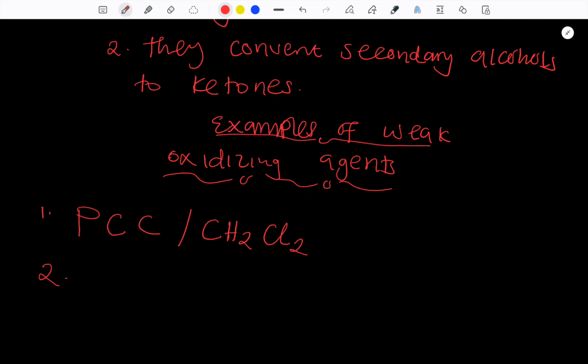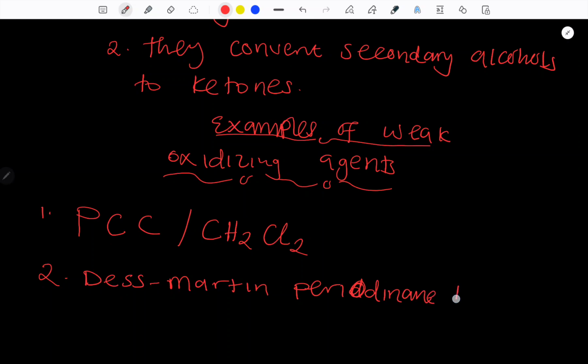DMP means Dess-Martin periodinane. So this one is what we call DMP. These are the 2 common weak oxidizing agents.